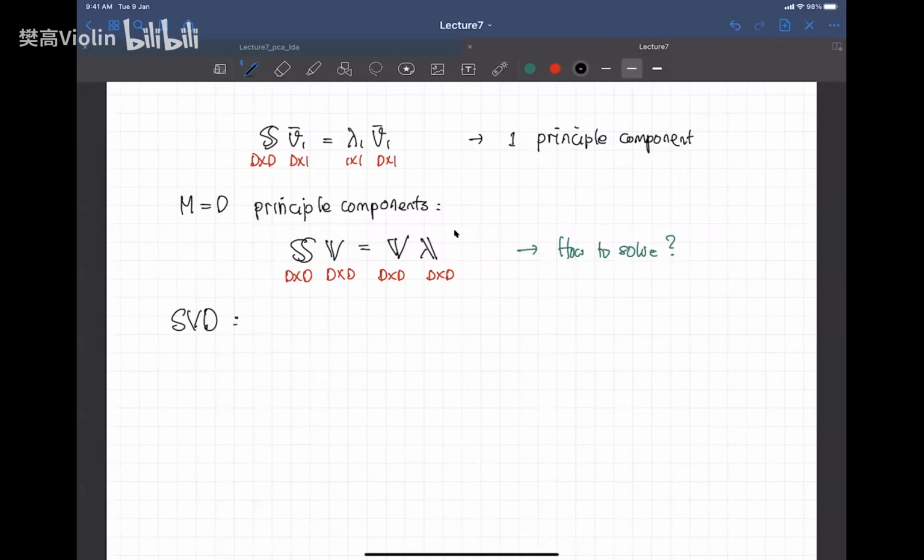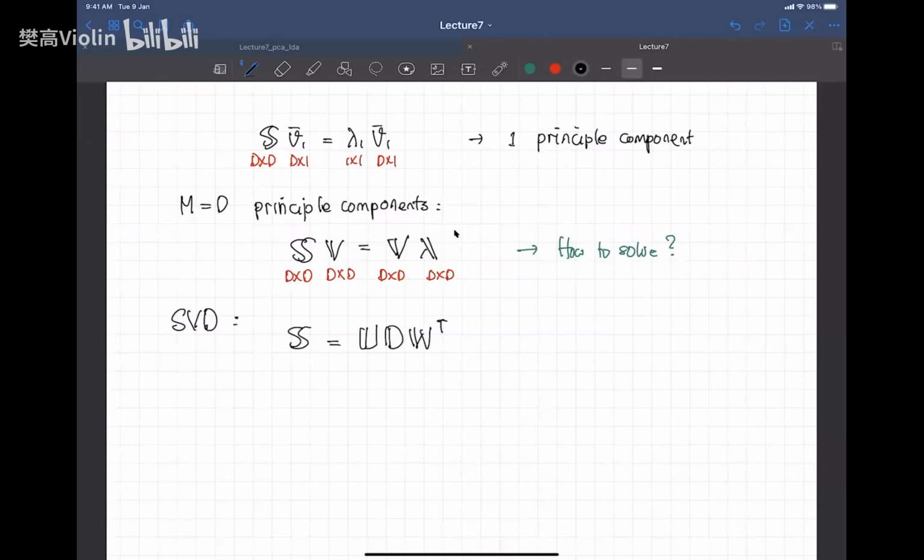So in SVD, if we have S equal to U, D, and V, or V is already used, so W, for example, transpose. This is the definition of singular value decomposition.